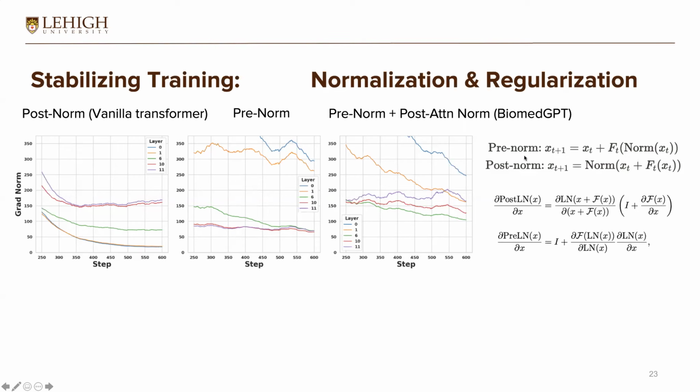Pre-normalization is a little bit different. We pass xt directly through the normalization of xt. This is called pre-normalization. In practice, especially in medical tasks, we realized that post-normalization and pre-normalization have different good properties.